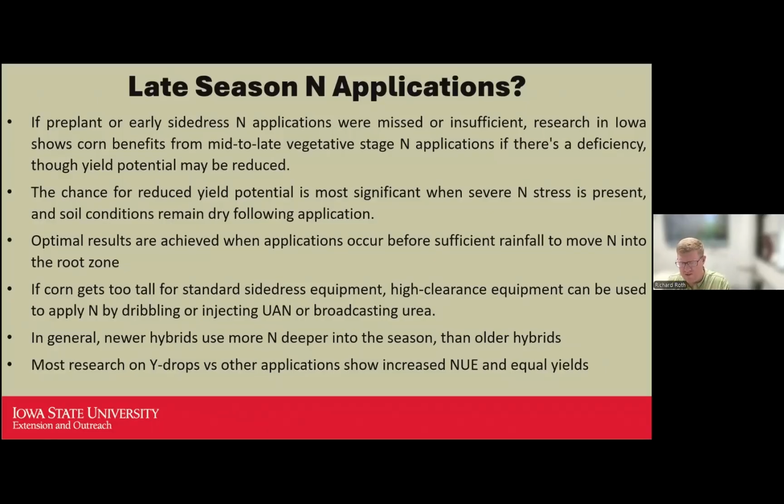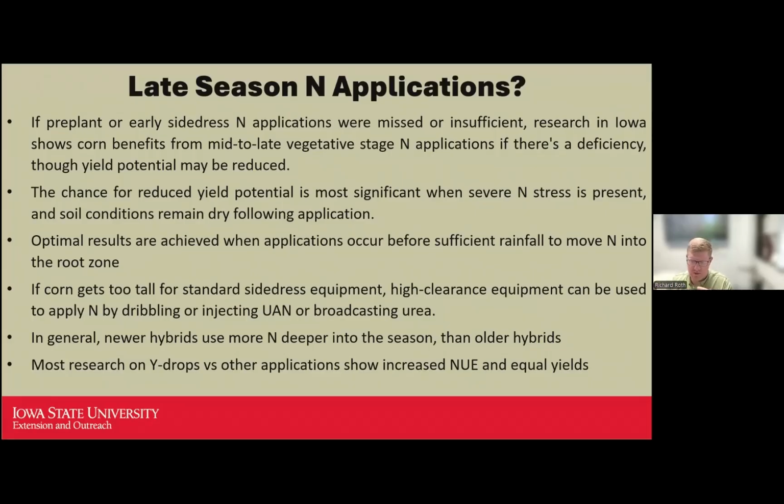Most research that I've seen versus other applications often shows maybe a little bit better nitrogen use efficiency because we're putting it on during active crop uptake. And generally you can maintain yields, right? That's always good news, right?